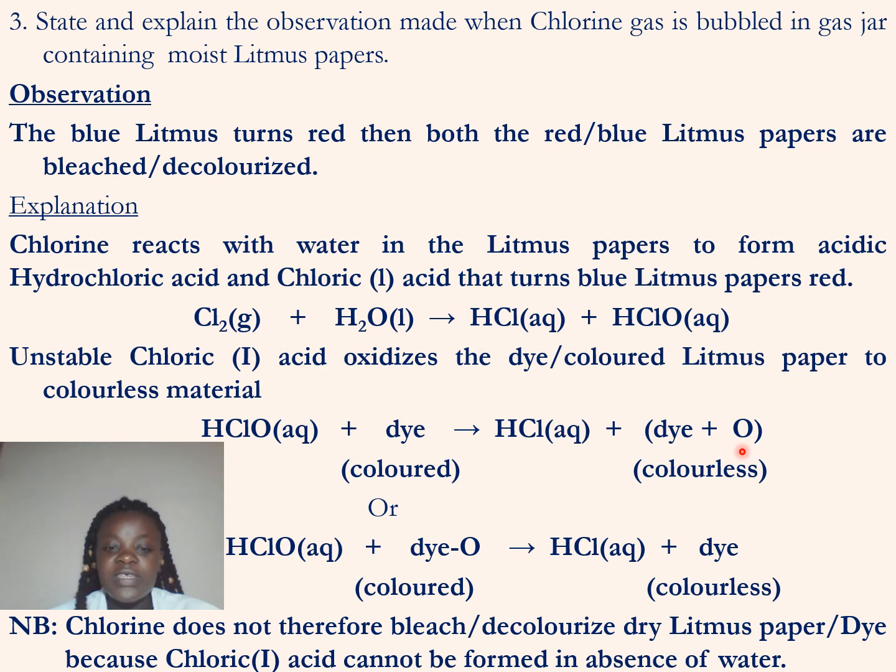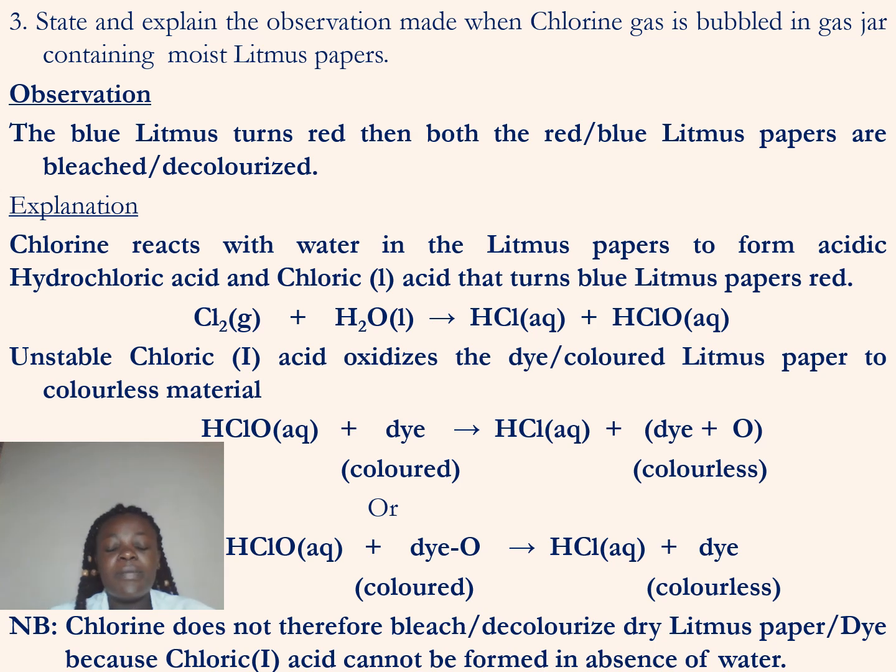All right, so these are the two equations that you can use, either the first one or the second one. It will be explaining the same. So chloric 1 acid reacts with the colored dye to give us hydrochloric acid plus the dye containing oxygen. All right, then we have to note something down here.